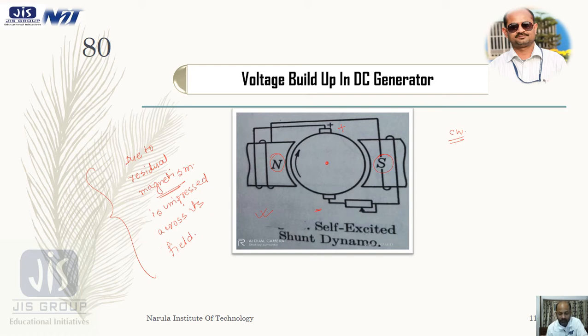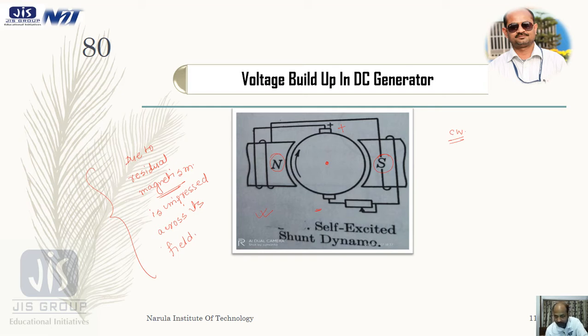The small voltage produced by this residual magnetism, because if there is a residual magnetism, there will be a flux cutting and there will be a small voltage produced due to this residual magnetism.